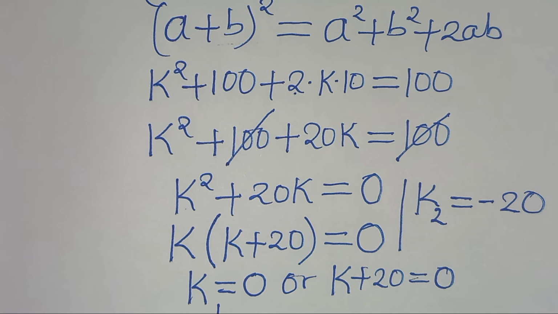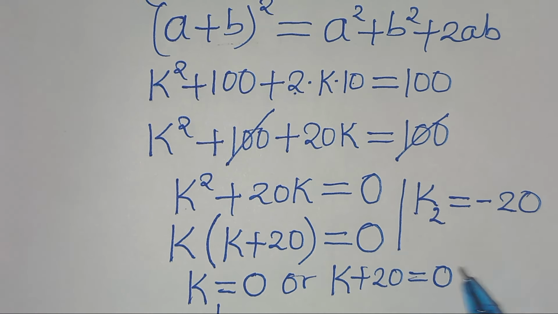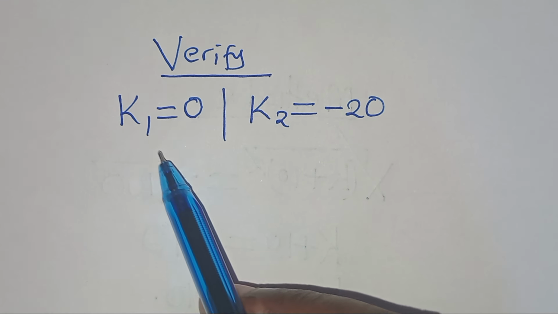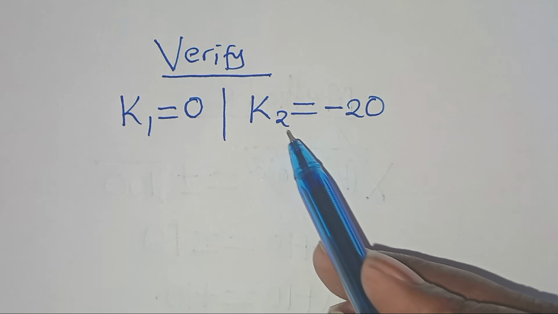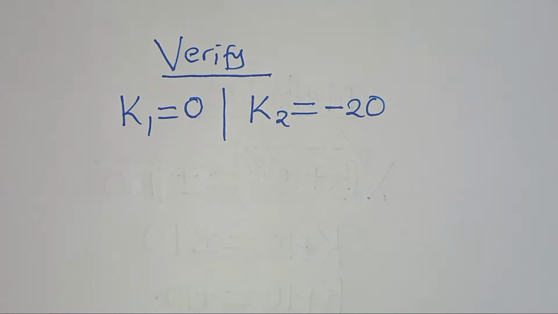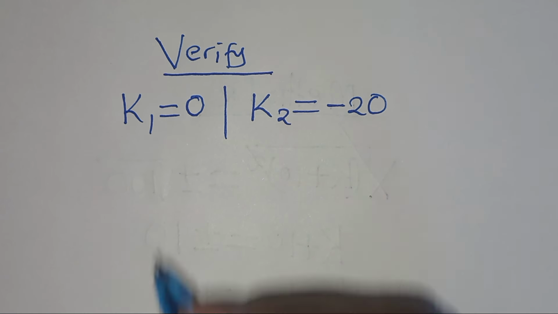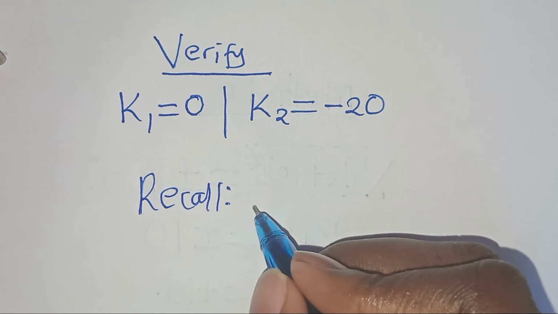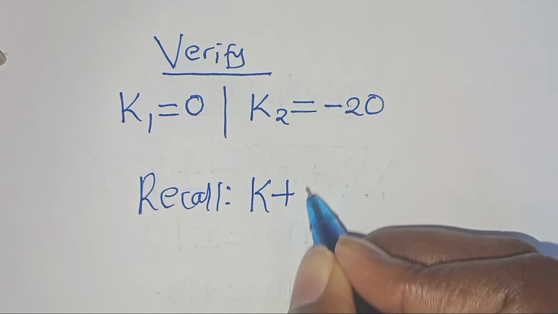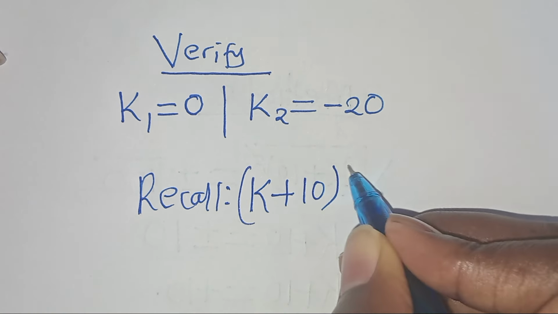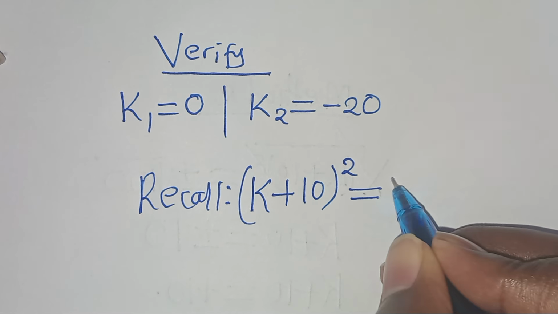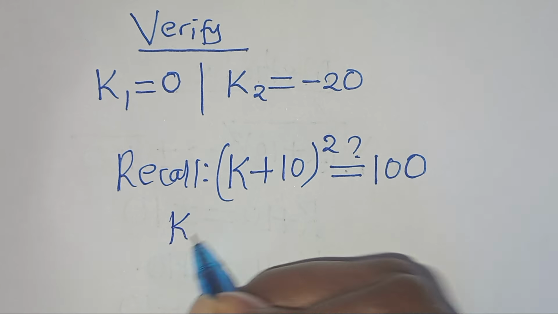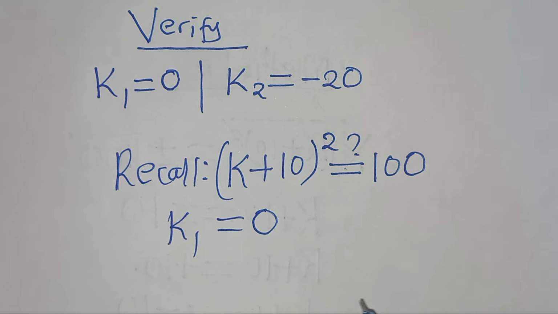The next step is to verify that k1 and k2 satisfy the equation. If you recall, (k + 10)^2 is supposed to give us a value of 100. Let's start with k1 = 0.